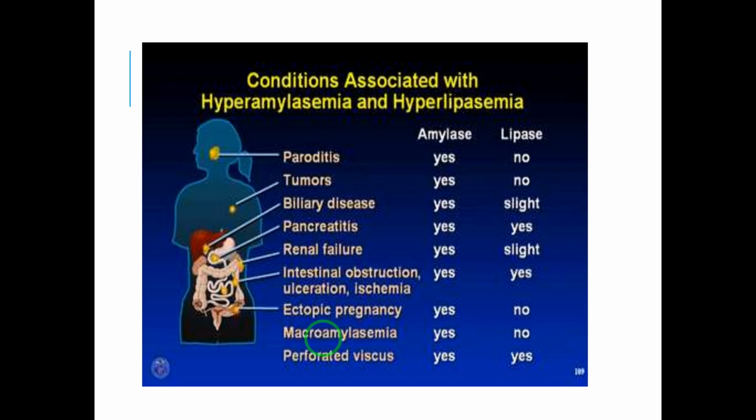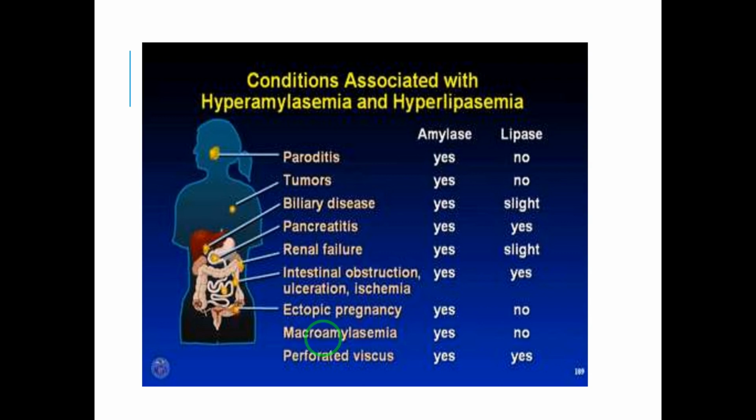If we find that the total amylase is increased, we cannot pinpoint the site of release of this amylase. If we do the isoenzyme and find, for example, that the S or the salivary amylase is increased, we think that it is a disease of the salivary gland. Otherwise, if the P or the pancreatic amylase increases, we will think of acute pancreatitis. So isoenzyme determination is very helpful to differentiate between the different types of hyperamylasemia.